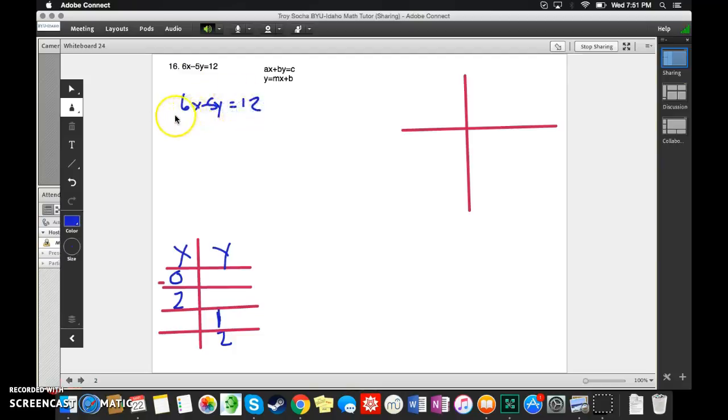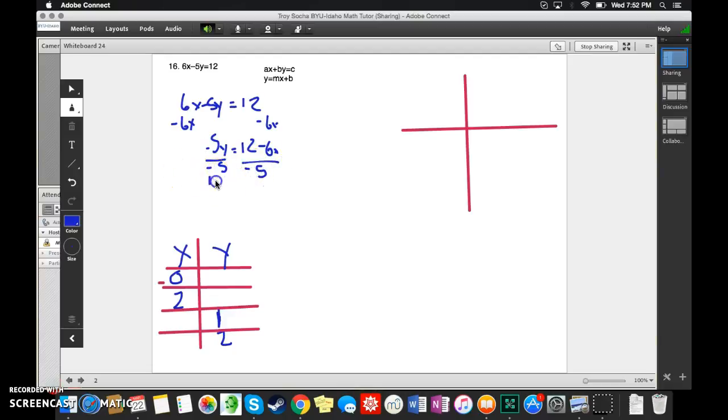So our first one is going to be 6. So we're going to have to minus 6x. That's going to have to happen. So negative 5y equals 12 minus 6x. Then we're going to divide by negative 5. All right.